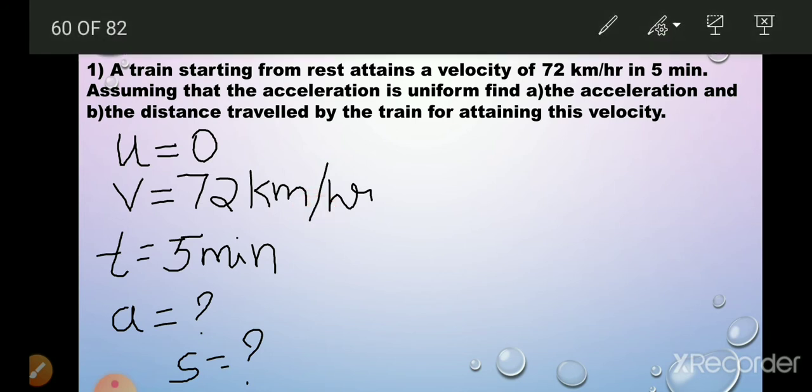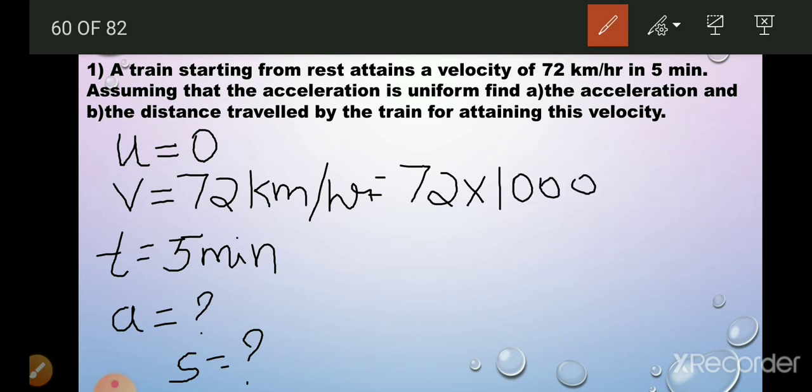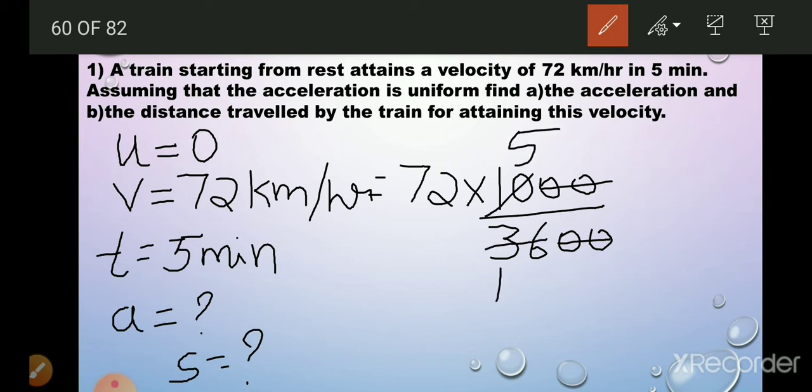So now let us multiply, that is 72 into 1000 divided by 3600. What is the value of 1000 divided by 3600? The zeros cancel, so it becomes 5 by 18.